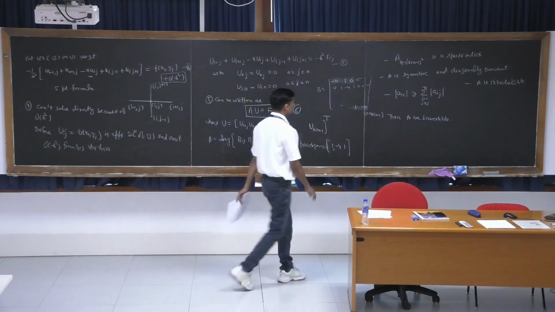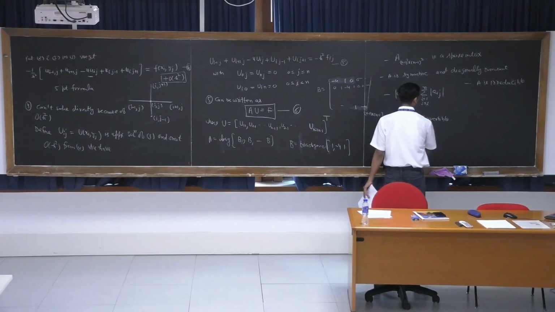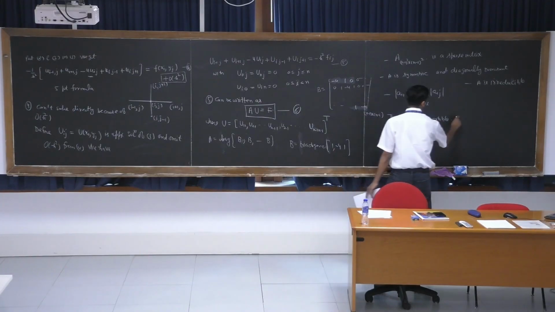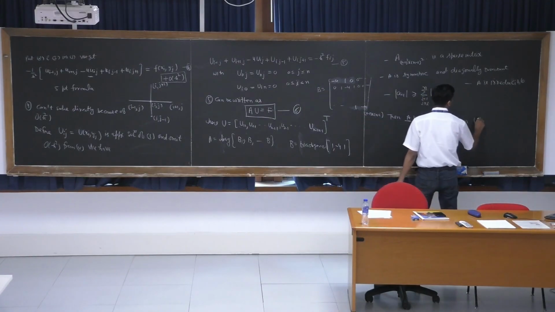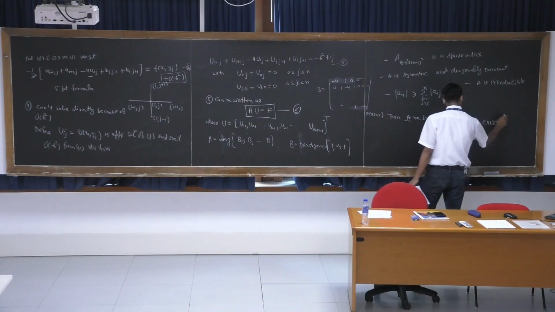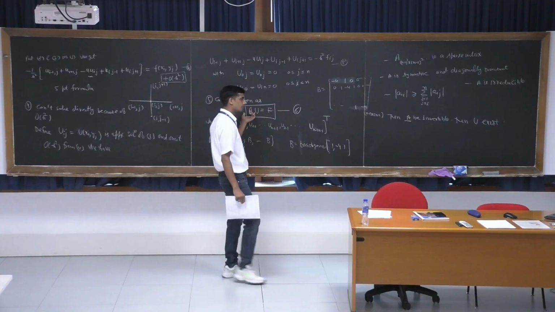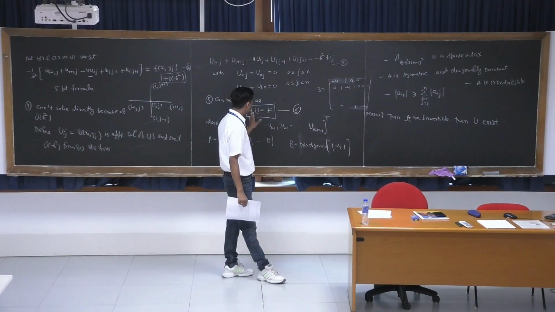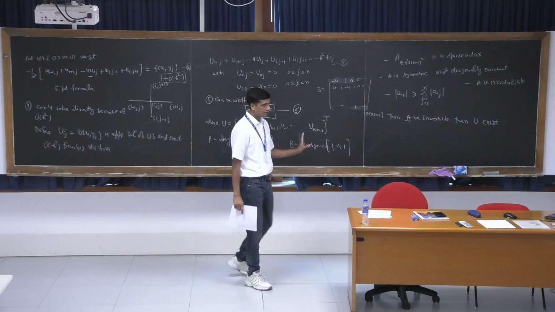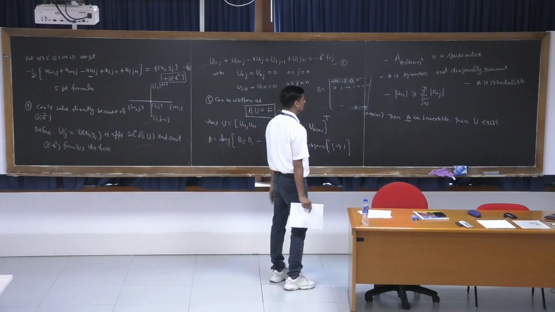So the inverse of A will exist. It is invertible. Because U is the solution of this equation, this is a system of linear equations. So if A is invertible, then this is fine, and we can find its solution.